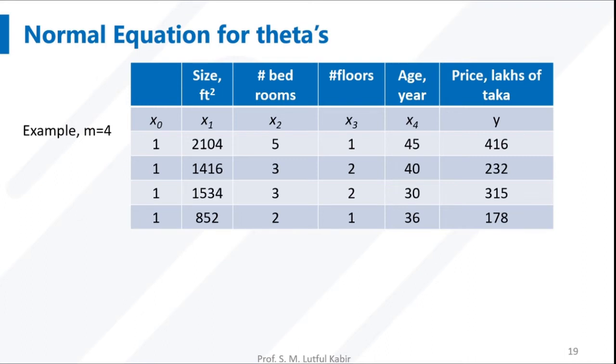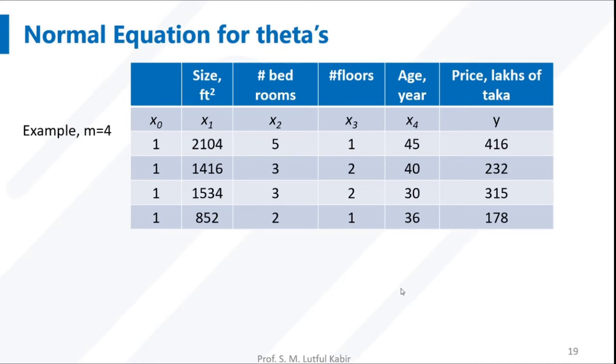In addition to the features size, bedrooms, etc., we have added another feature x0. The value of x0 is always 1, and this is added for the convenience of formulation and solution of the equations. The rightmost column, price, is the target or output variable.